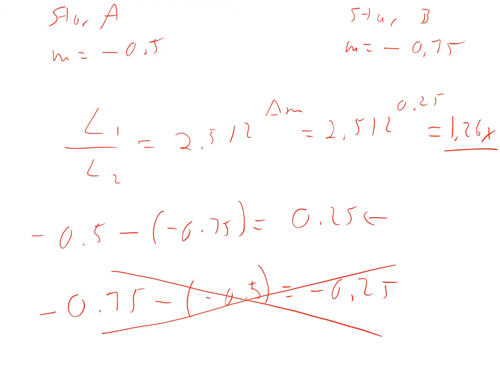Now, you actually have a whole lab in which you're going to be doing this sort of thing, so you need to get familiar and comfortable with that. This is what you're going to need to know. Always, the delta M, the difference in magnitudes, is whichever way you subtract gives you a positive number. If it's not a positive number, it is wrong.